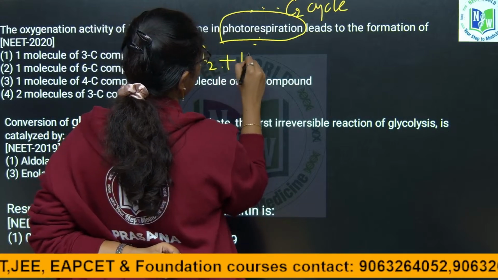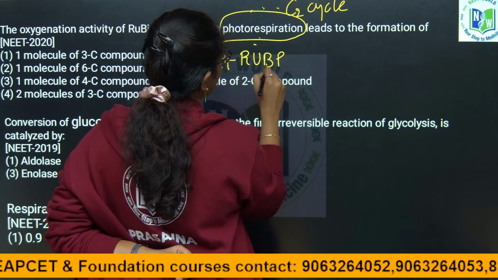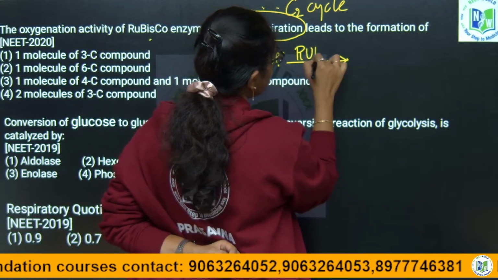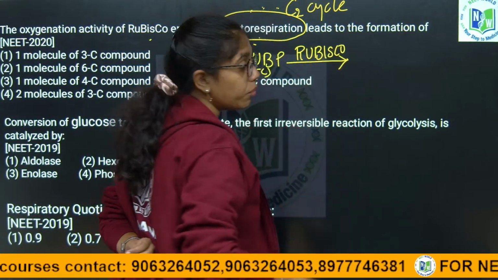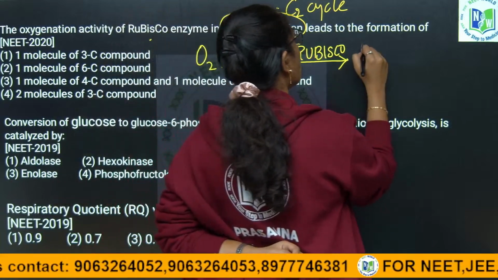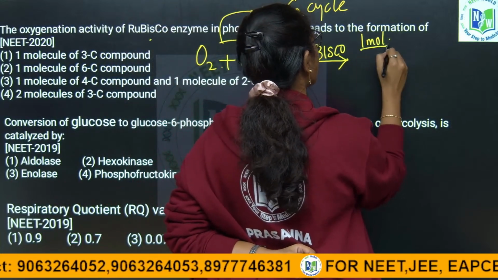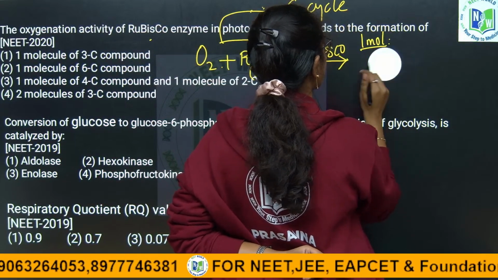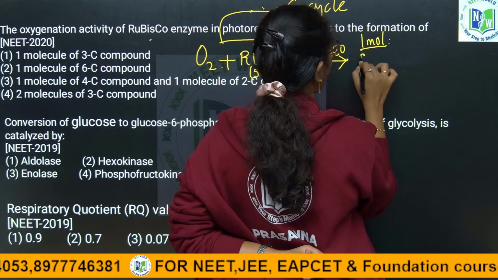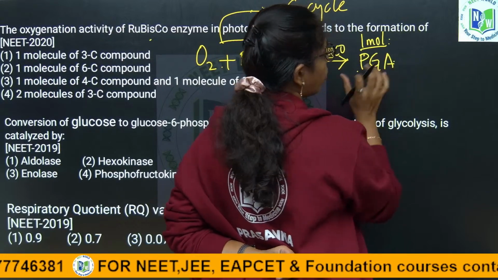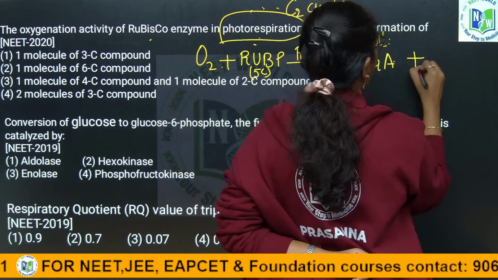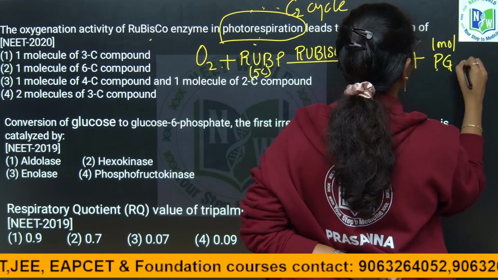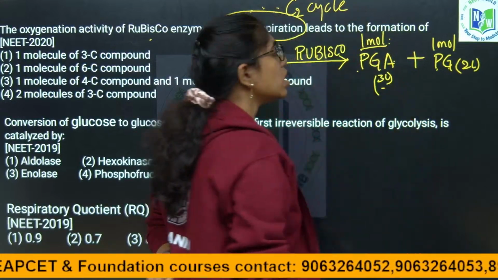Oxygen molecule, when it binds with RuBP, which is a 5 carbon compound, in the presence of the enzyme Rubisco, what happens is one molecule of phosphoglyceric acid, which is 3 carbon, and one molecule of phosphoglycolate, which is 2 carbon, are formed, okay.